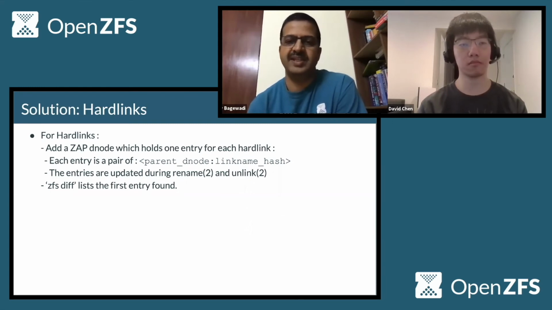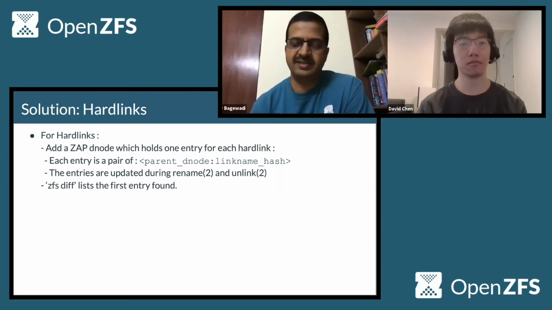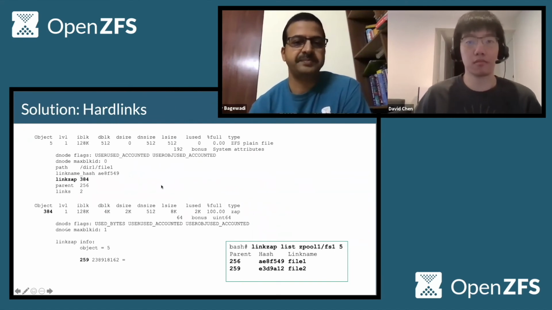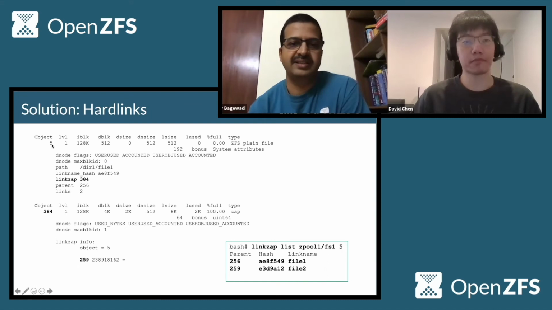So you can easily list out the various directory entries that are pointing to this particular dnode. ZFS diff right now lists out the first entry that's found, but you can play around with it. We also added a utility which can list the various entries, so we'll get to that in a bit. If you see here, we have an example where object 5 is a hard link and it has multiple links on it.